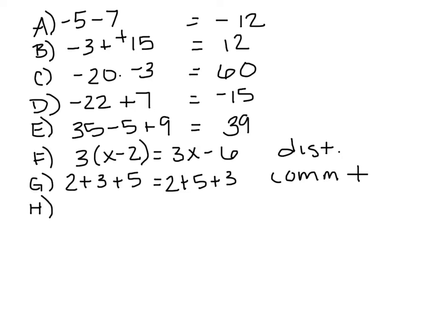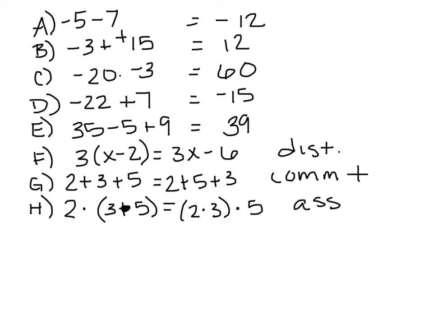H, I said 2 multiplied by the quantity of 3 times 5 is equal to the quantity of 2 times 3 multiplied by 5. Because I use that phrase quantity, I know I'm using parentheses, which means I'm using the associative property, and this is all multiplication.